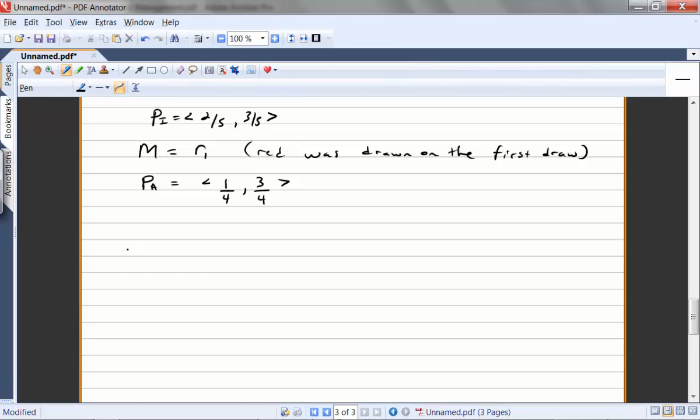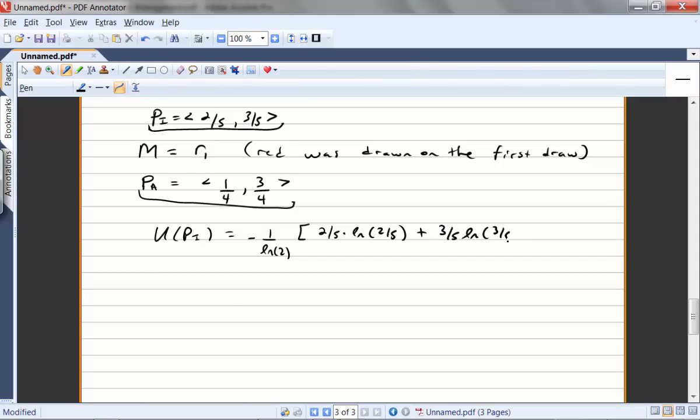So, here are our initial probabilities, and here are our probabilities after receiving the message. And the question is, we just need to calculate the uncertainty. The uncertainty initially would be, using the uncertainty formula from lecture notes, negative 1 over ln 2 times 2/5 ln 2/5 plus 3/5 ln 3/5.